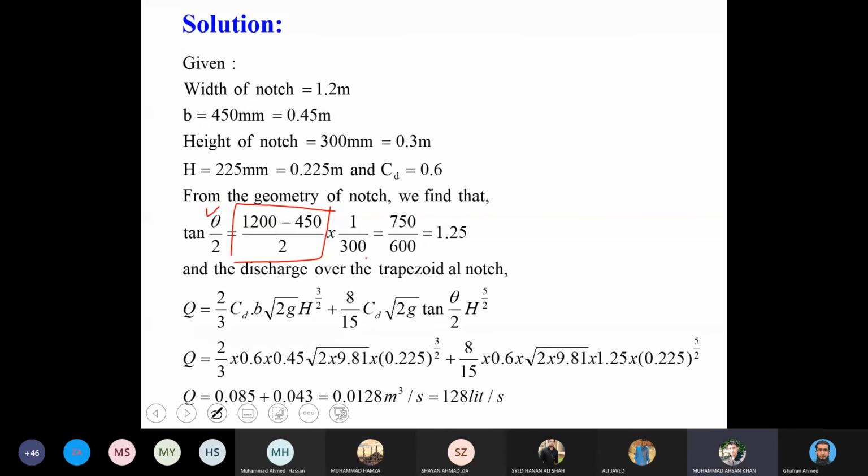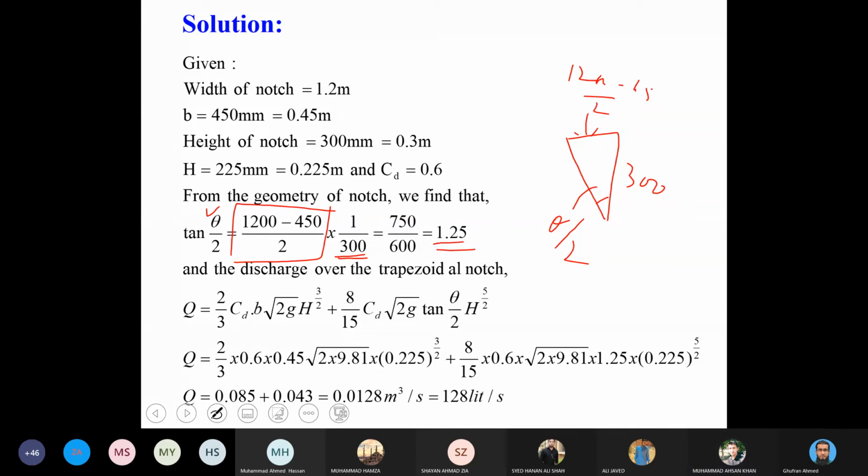So you just divide it by 300, as like this. So this is 300 and this is 1200 minus 450 divided by 2, and this is theta by 2. So tan theta by 2 has a direct value of 1.25.